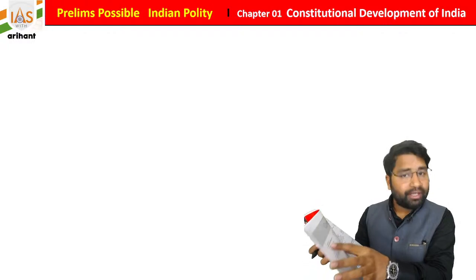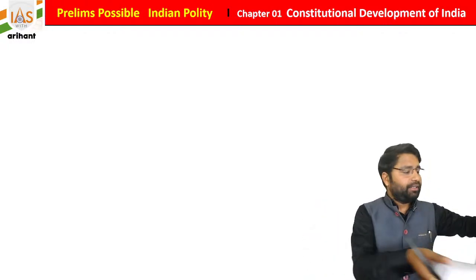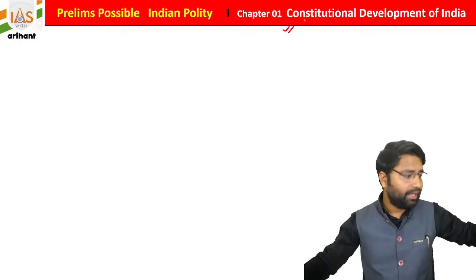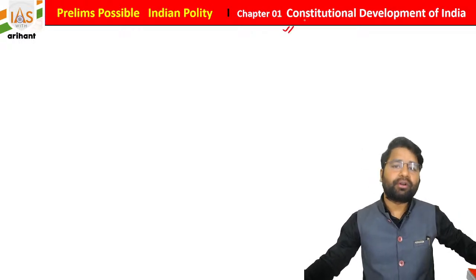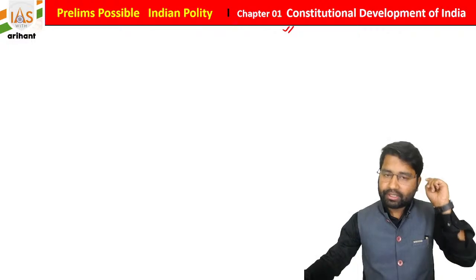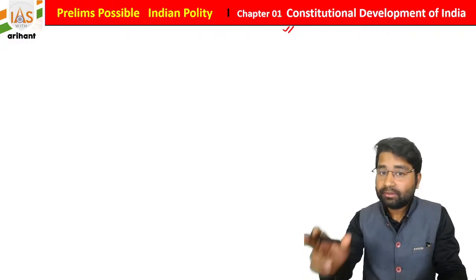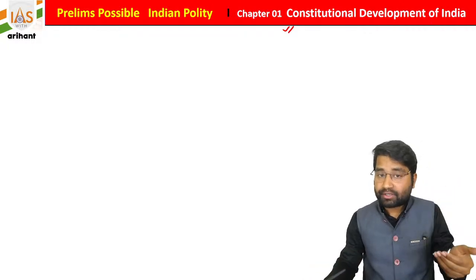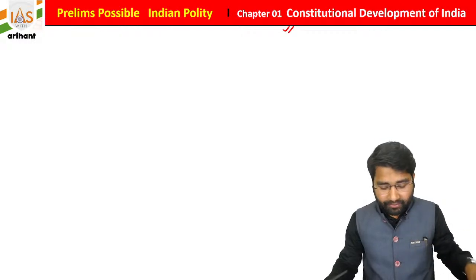Today's topic is Constitutional Development of India. Under that, students, there will be two important topics: the development of the constitution and some acts that took place in the British time, because the historical background is very important.